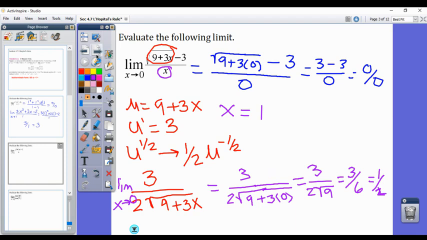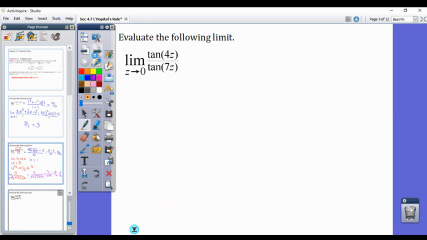Okay, let's do another one. Ooh, trig. I hear the groans through the computer. Okay, so if I plug in 0 for this, I'm going to end up with evaluating the tan at 0.